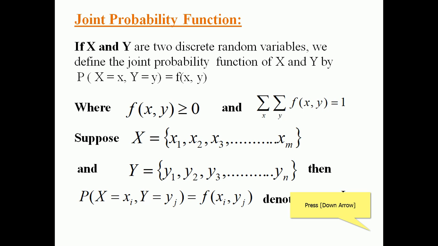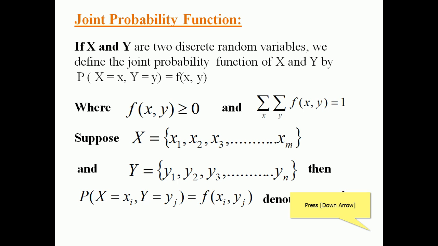If x and y are two discrete random variables, we define the joint probability function of x and y by the probability of x taking the value x, comma, y taking the value y, that is equal to f of x, comma, y, where f of x, comma, y is greater than or equal to 0 and the summation of f of x, comma, y with respect to x as well as with respect to y is always equal to 1. Then the function f of x, comma, y is known as the joint probability function.